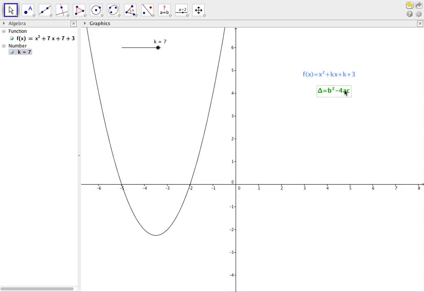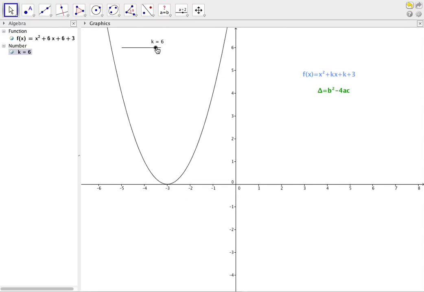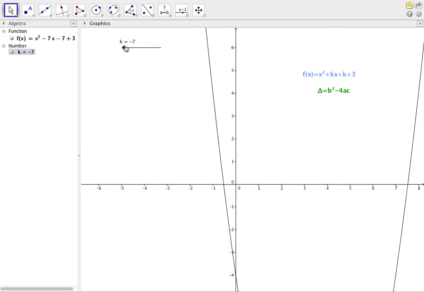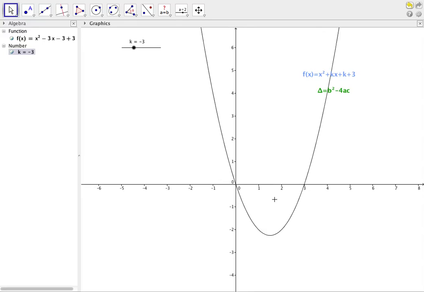When it's 0, we find one answer for x, such as 6. And when it's greater than 0, such as here or over here, we get two different, sometimes rational, sometimes irrational roots. And that's how we find k with respect to the discriminant and also the function.